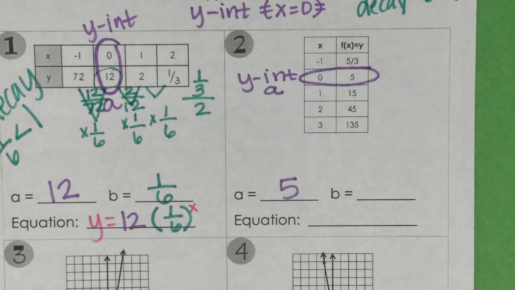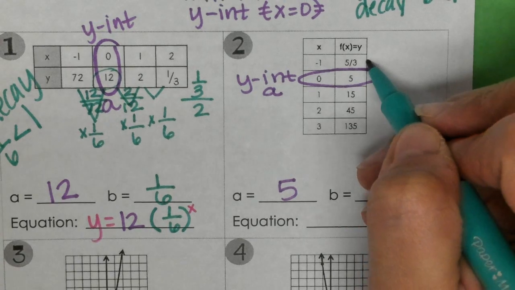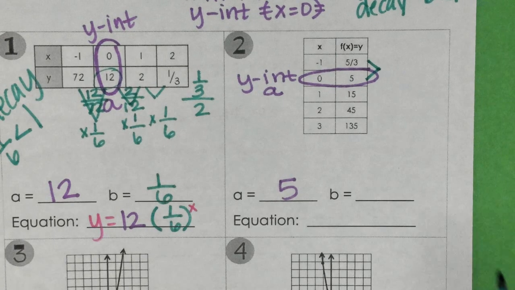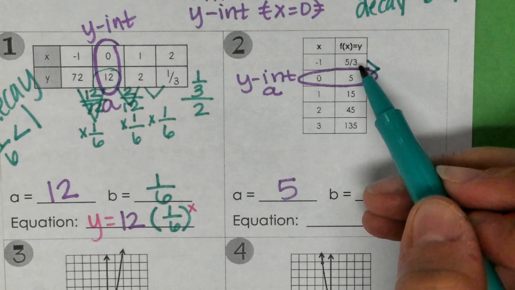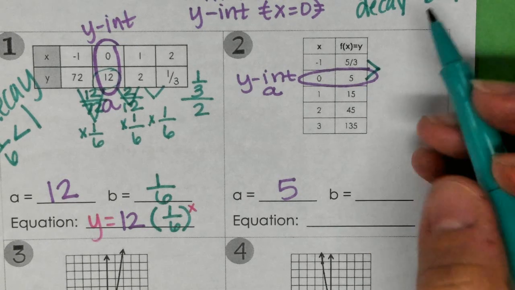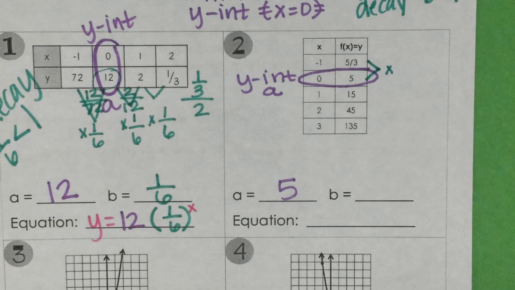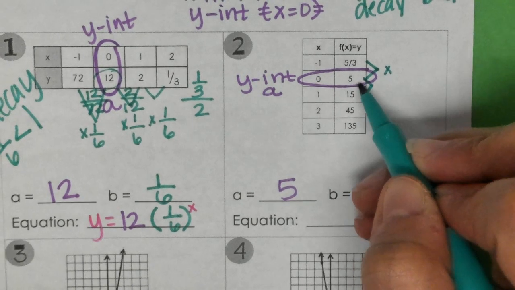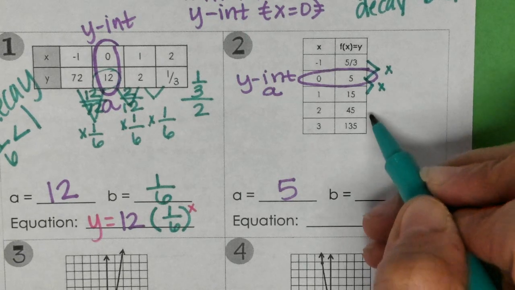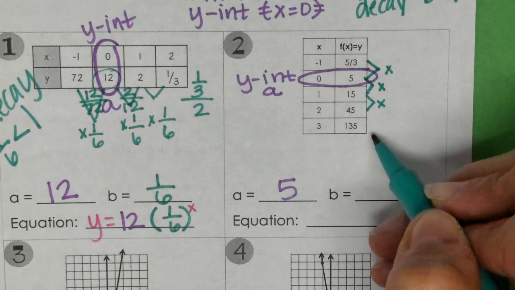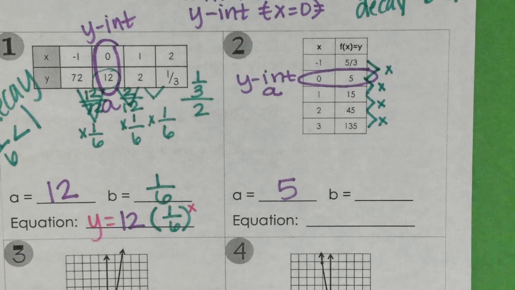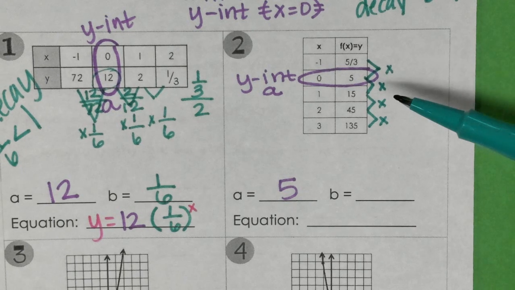To find my b, or my common ratio, what do I multiply 5/3 by to get to 5? And if that one's not as easy to see, let's move to the next one. So what do I multiply 5 by to get to 15? What do I multiply 15 by to get to 45? And so forth. You still can't see that?